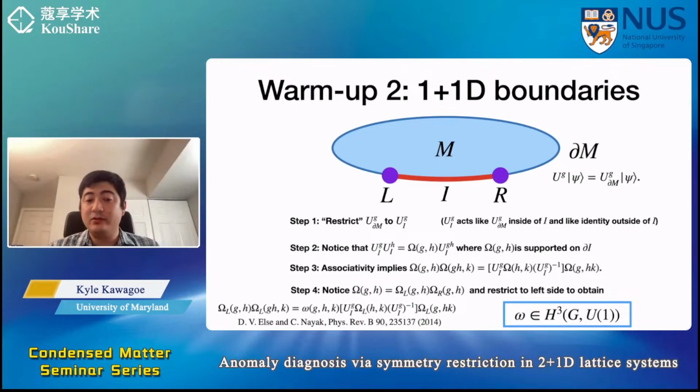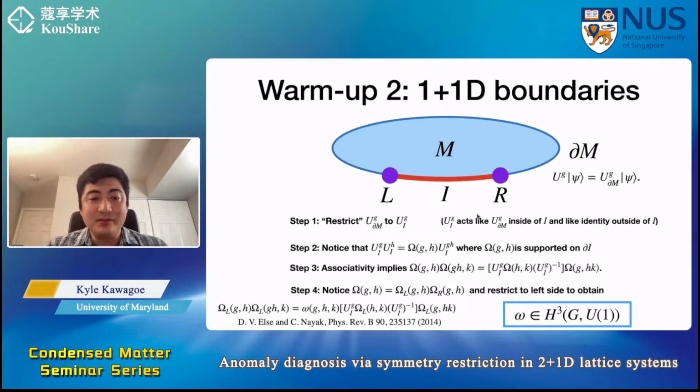Yeah. So one way to see this is that if one's very careful about what one means by symmetry restriction, what I really mean is that the operator UGI, when conjugating any operator well inside of the interval, is identical to conjugating an operator by UG on the boundary of M. And if you conjugate an operator outside of the interval by UGI, you return that operator back again. That is, you're acting like the identity.